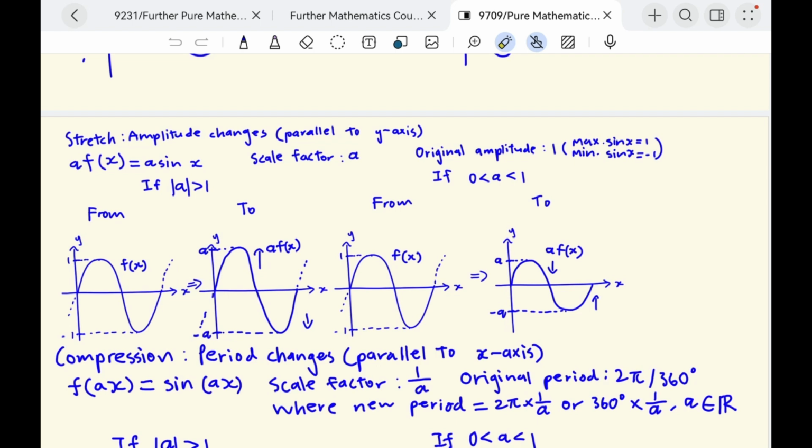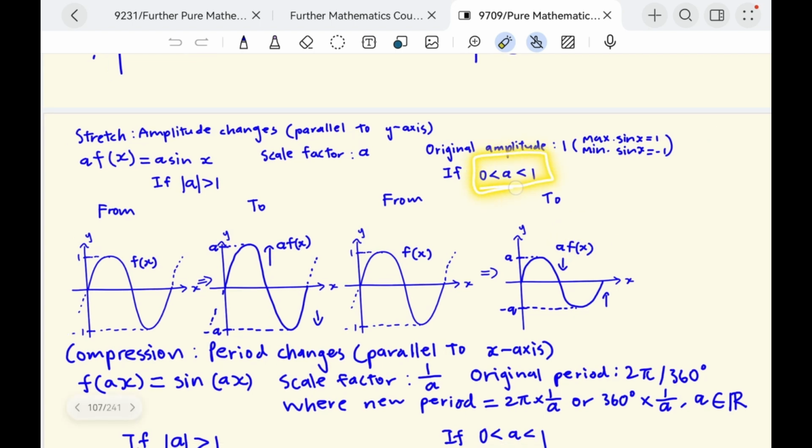For the other side, if your a is between 0 and 1, so a is something like 0.something, you will transform this to this. This is basically the compression, which means you multiply the sine function by a for a from 0 to 1.